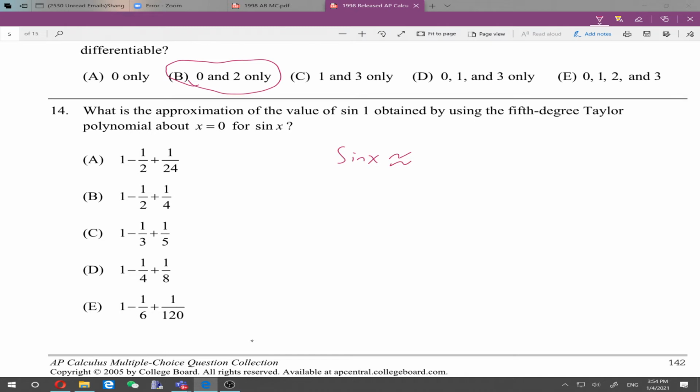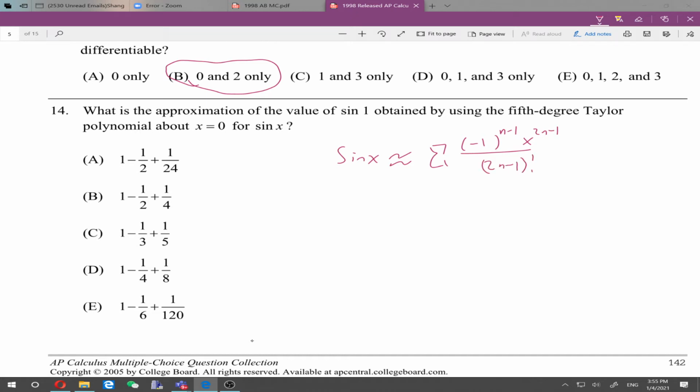Negative 1 to the power of n minus 1 times x to the power of 2n minus 1 over 2n minus 1 factorial. You're not wrong. I forgot my sigma, so say it one more time.